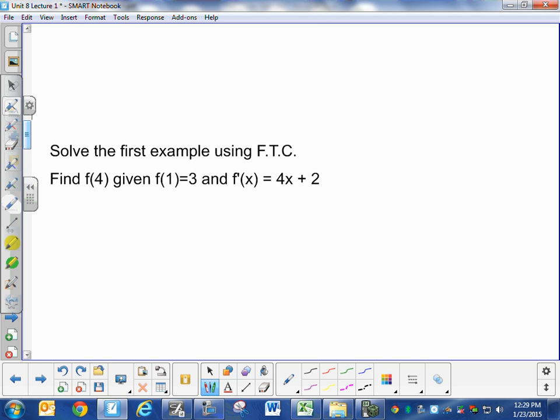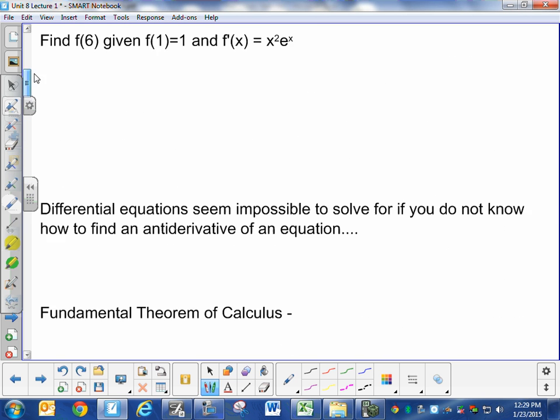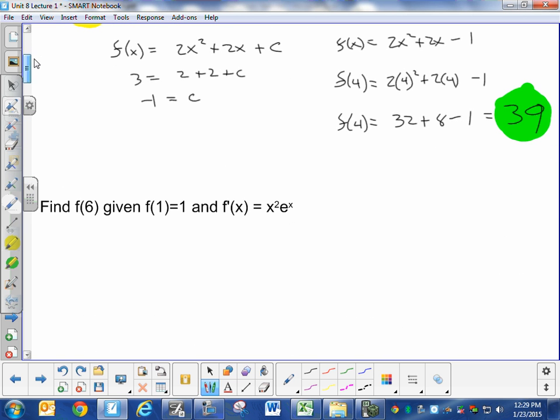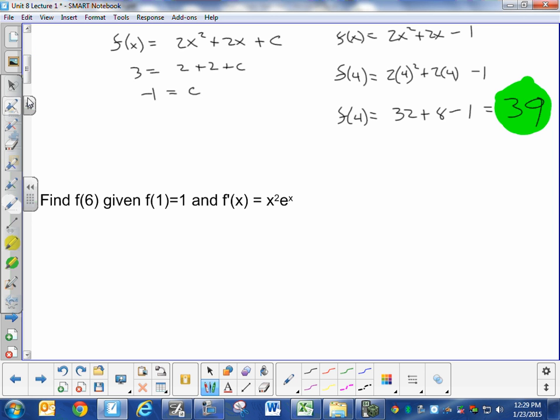Well, let's try one more. Let's do this one.